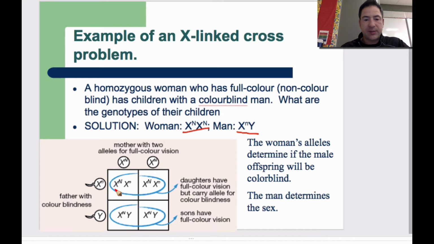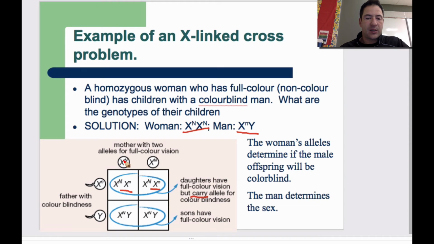Okay, so in this case, if you look here, this cross is going to produce a carrier, full vision, color vision, but carries the allele right there, the carrier of the X-linked trait for colorblindness. Same thing right here, also a carrier, and you can see that in this description here, but still has full vision.